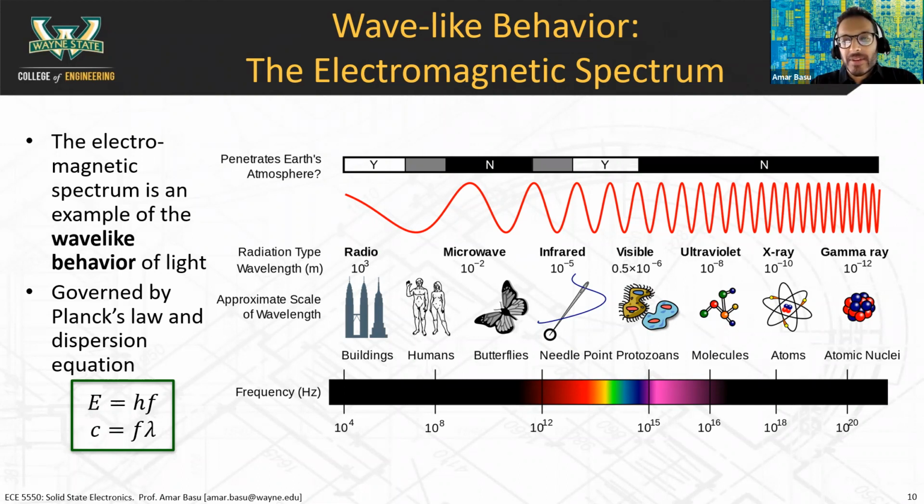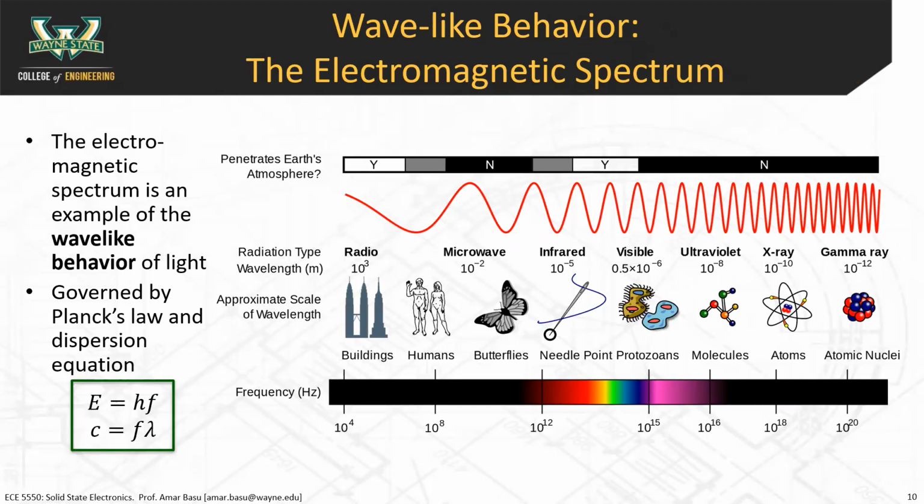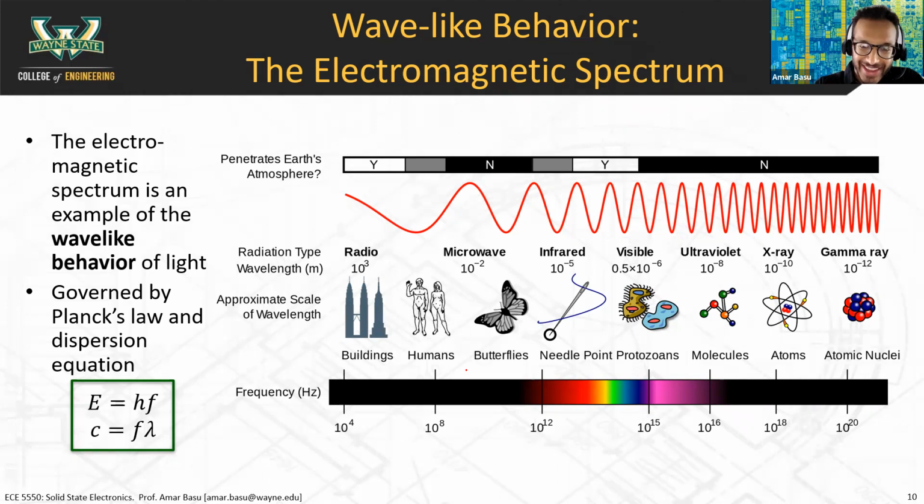Can anyone guess some other ones? Is Wi-Fi one? Or like Bluetooth? Yeah, exactly. I'm just going to put this down here. I'm going to put 10 to the 9th. So this is gigahertz.